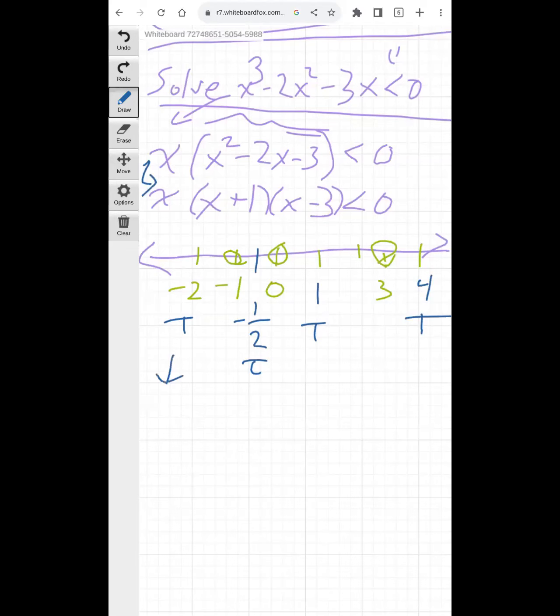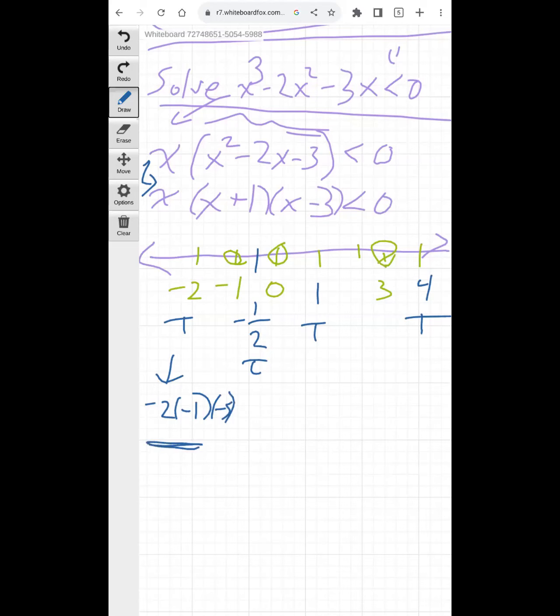If x equals -2, we have -2 times -2 plus 1, which is -1, and then -2 minus 3 is -5. So -2 times -1 is a positive number, and a positive number times a negative number is a negative number. So all we need to write is a minus sign, because the value of the inequality is negative over this interval.